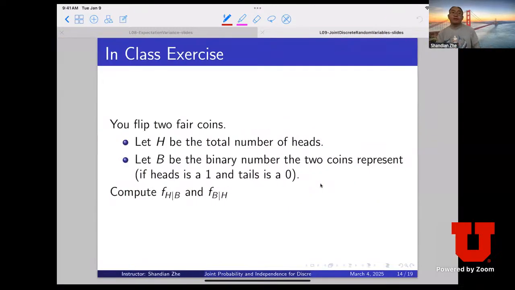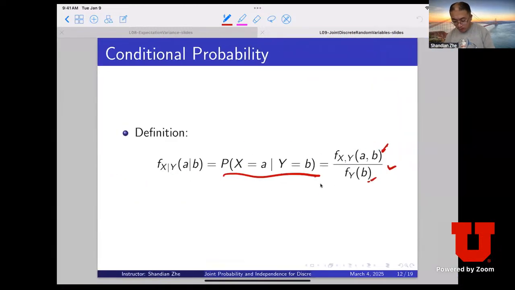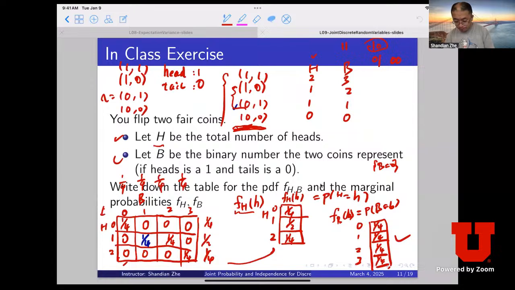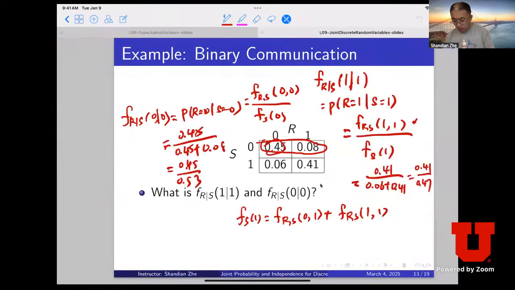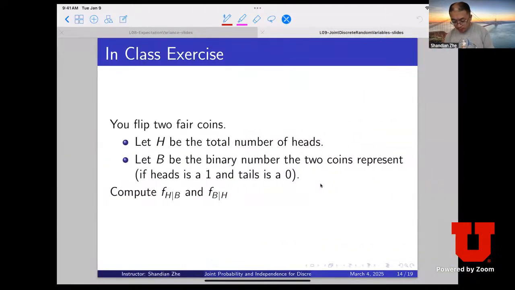Let's see another example, which we have met before. We flip two fair coins, H the total number of heads, and B the binary number the two coins represent. From our previous practice, we have already computed the joint density function, which is here.